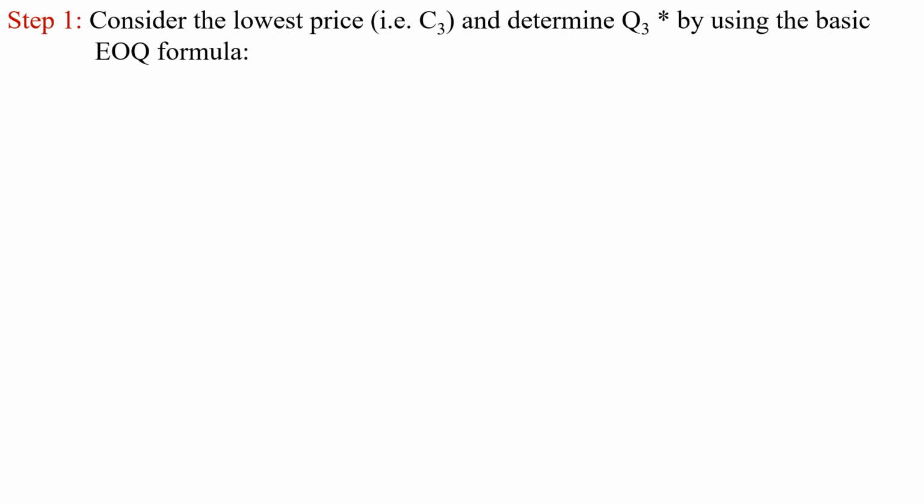Let's see the solution step by step. Step 1 is to consider the lowest price C3 and determine Q3 star by using the basic EOQ formula. We know the EOQ formula, that is the root of 2D C0 by CH. Here we have to determine Q3 star for the lowest price, that is C3.